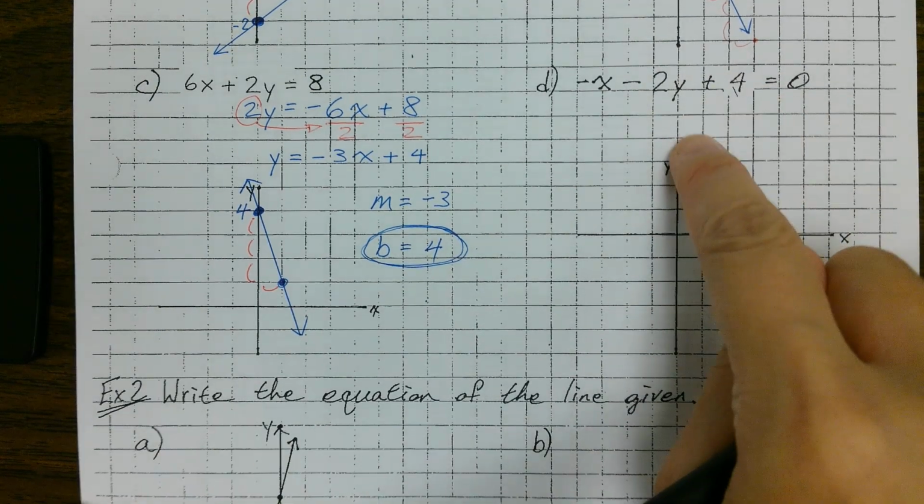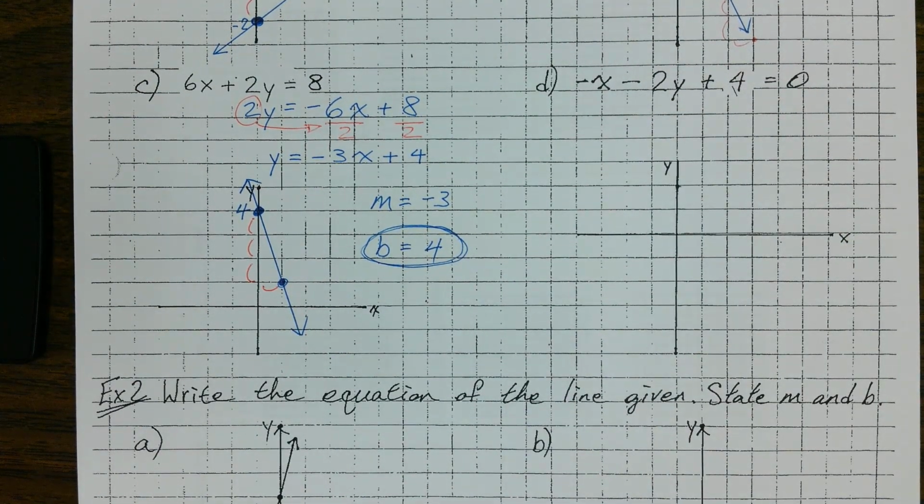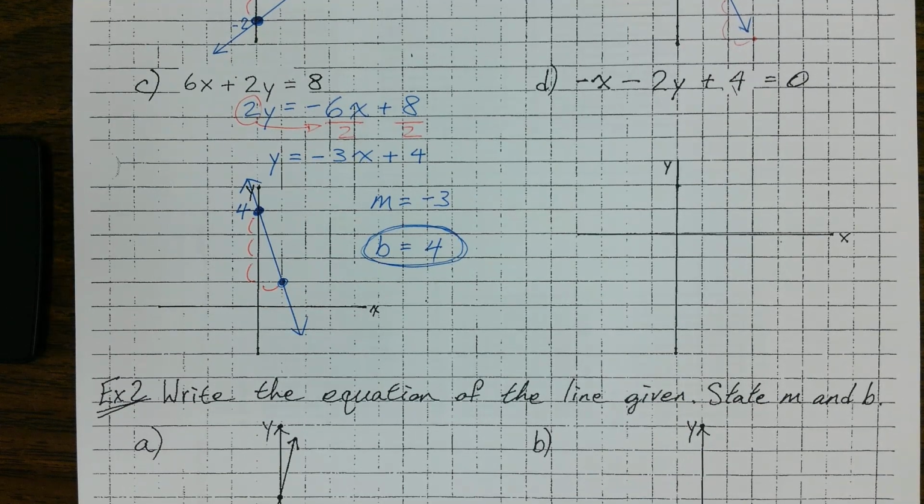Okay, and don't forget to add arrows to your line, because your line technically goes on forever. All right, can you guys try this one? Take 30 seconds, try D. So again, it's in standard form. You have to rearrange it first to y equals mx plus b form.